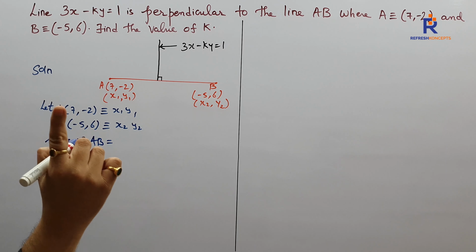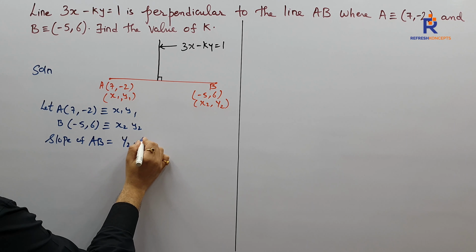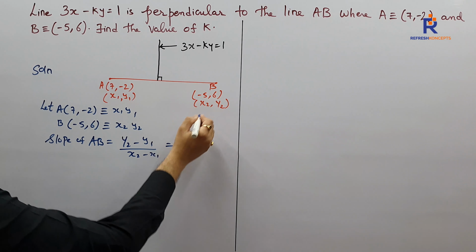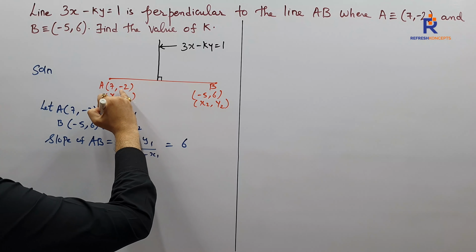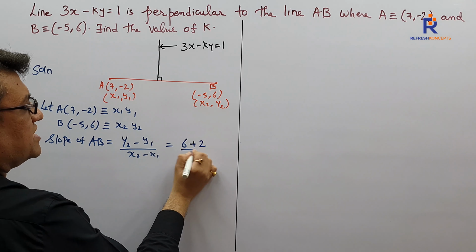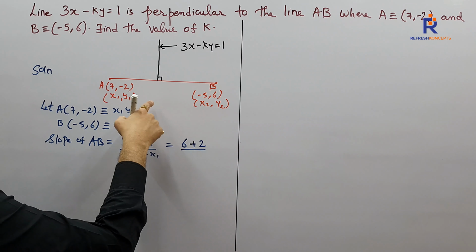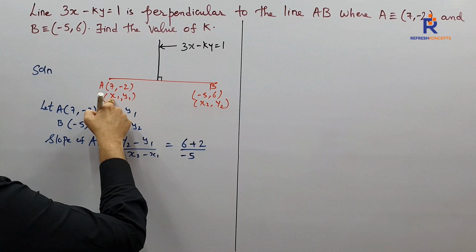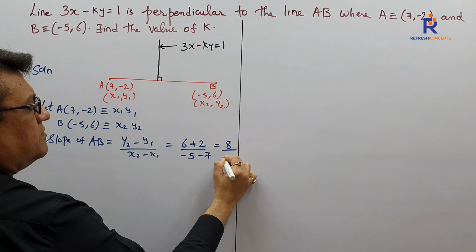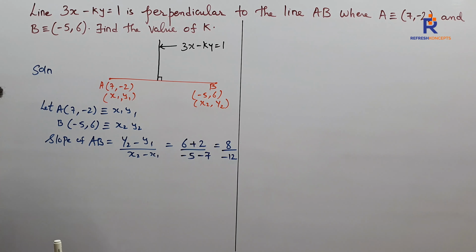What's the formula, children? y2 minus y1 upon x2 minus x1. y2 is 6 minus y1, here y1 itself is -2. 6 minus of -2, 6 plus 2. x2 is -5 minus x1, 7. 8 upon -12.